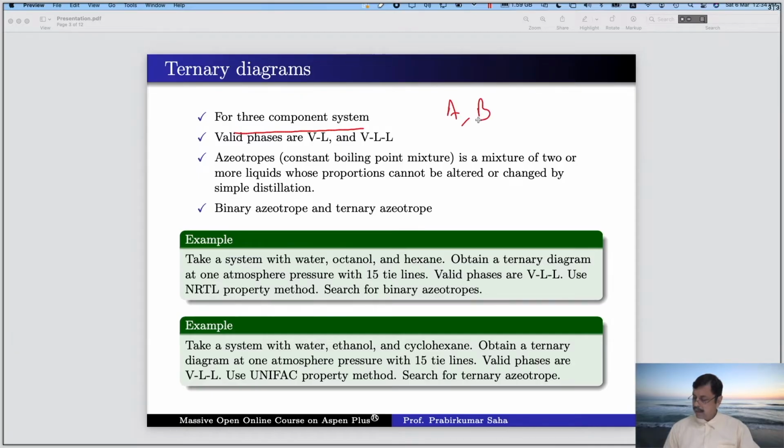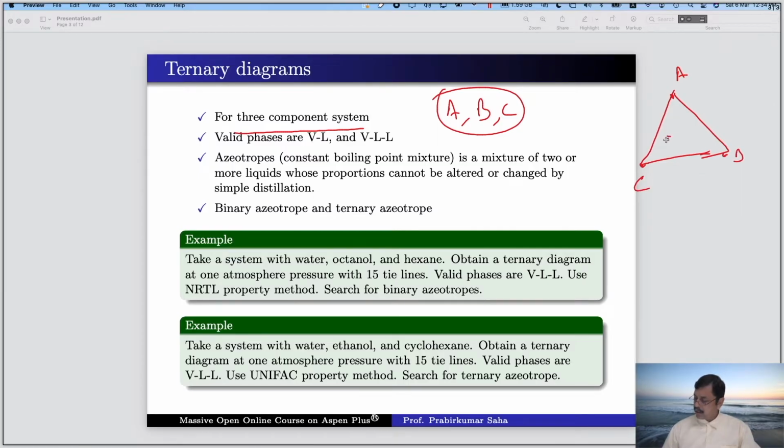There should be A, B, and C. Those who have worked on extraction systems might remember that we have a triangular graph where the corners of the triangular chart have 100% A, 100% B, and 100% C. So any portion of that chart indicates a mole fraction of A, mole fraction of B, and mole fraction of C.